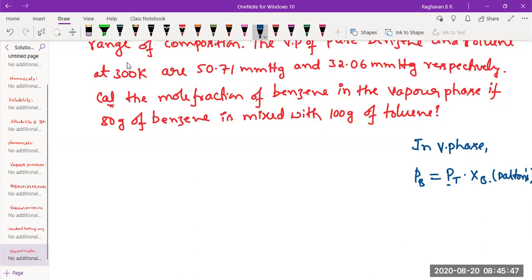You calculate P total from Raoult's law, and XB can be calculated from the given data. And finally, we'll do this. Come on. One step extra, that's all. This problem majorly involves calculation of total vapor pressure of the mixture as per Raoult's law.